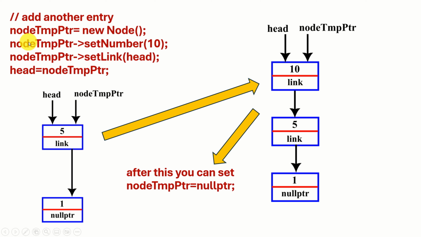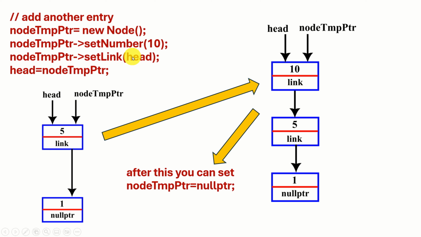Then, after doing that, let's set the stored number to be equal to 10. Then let's link this new node to the first node. We simply call node temp pointer set link. That is, we call the set link function of this node over here, and we pass head.